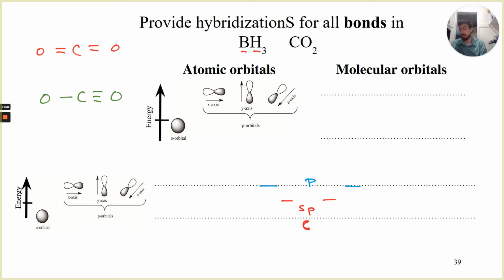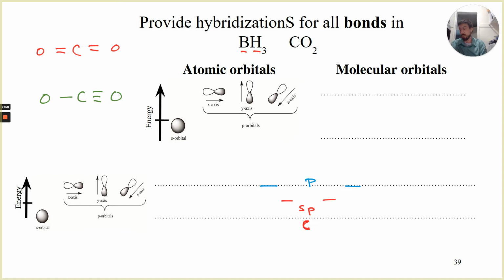Yeah, 2 p orbitals left over. Okay, so total for our carbon, we started with 4 atomic orbitals, and we end up with 4 potential molecular orbitals.